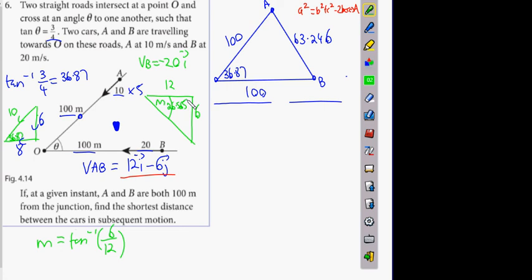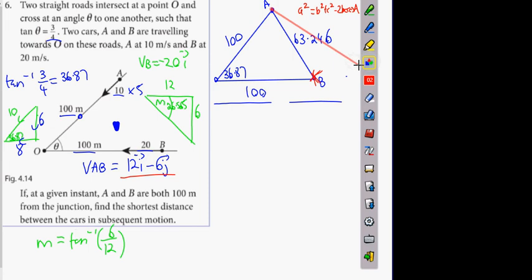Now, I'm now drawing B is rooted to the spot, which we all agree with. And this is since the start of the question. We're doing this before the question, well before they get to the junction. And what we're going to say here is that, okay, we'll get A here. And we'll draw this relative path.